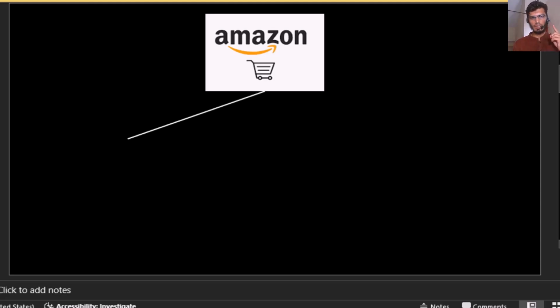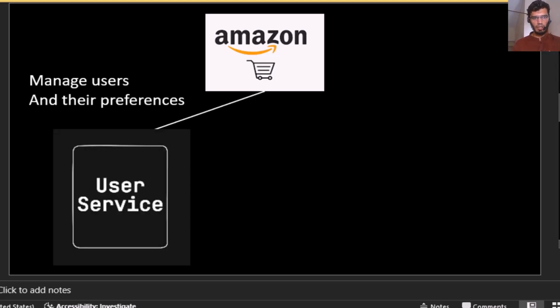Remember that these services are independent, loosely coupled and dedicated to one business need. For example, in the Amazon e-commerce application, there is a user service that manages the user, like login, logout, and their preferences, so that it can give a personalized user experience.